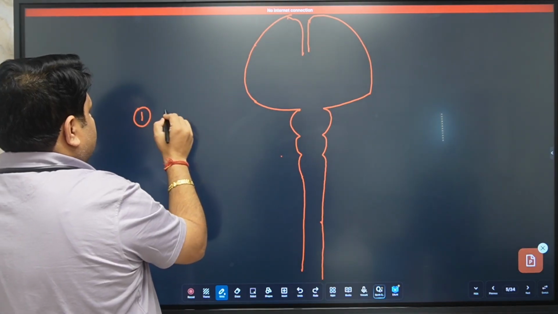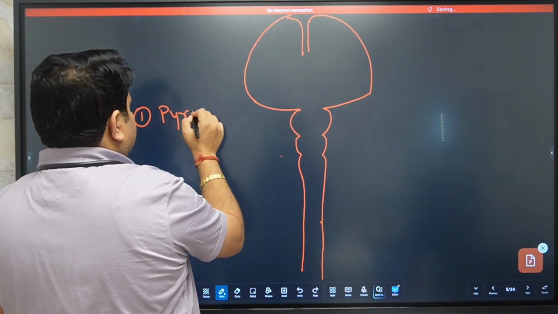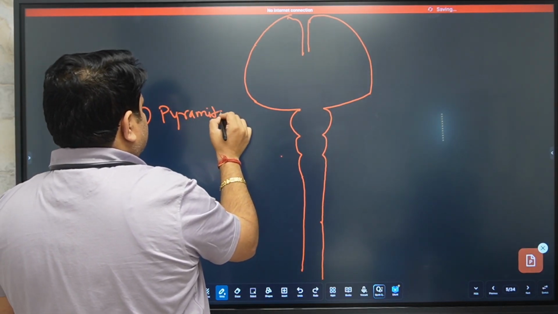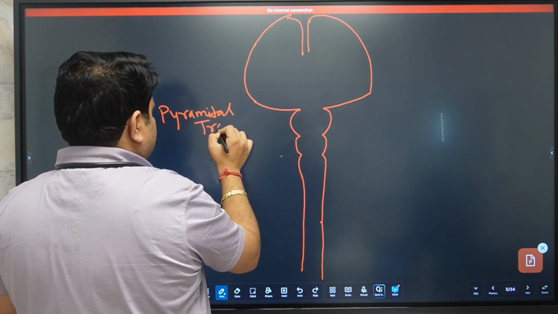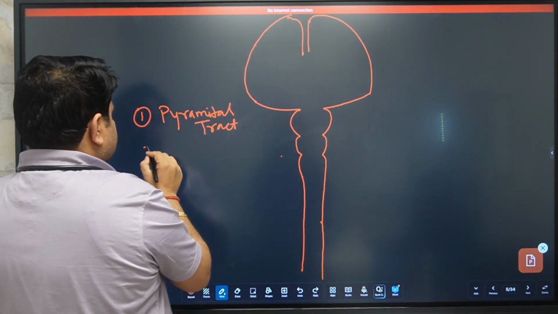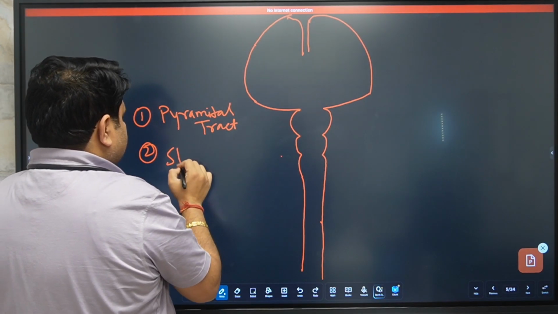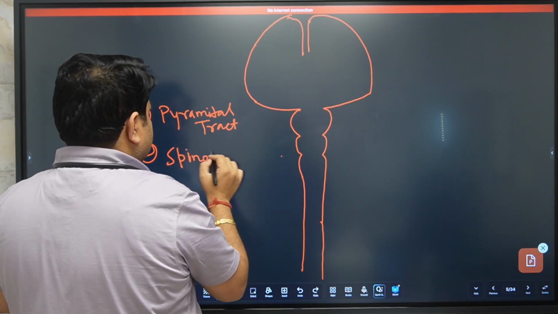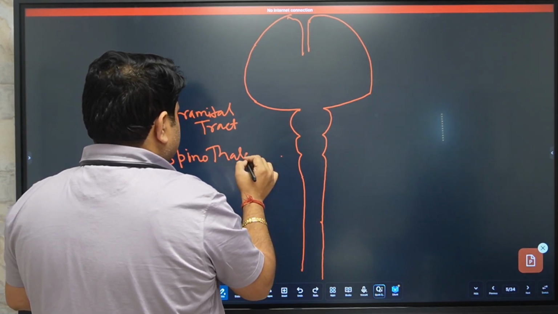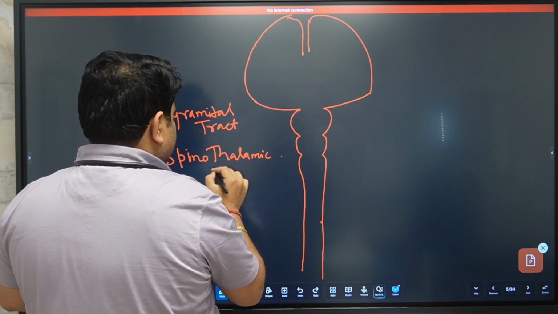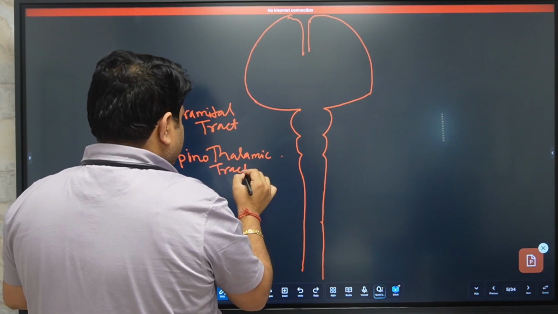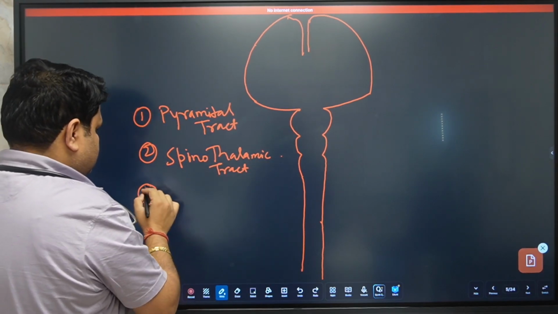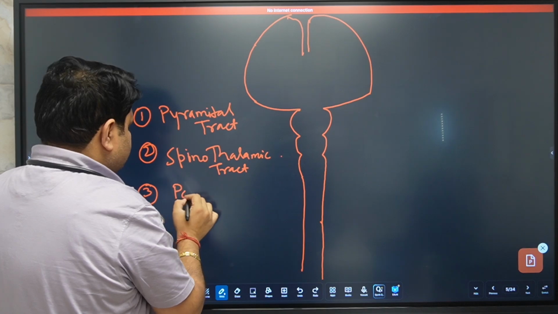One is the pyramidal tract, second is the spinothalamic tract, and third is the posterior column.